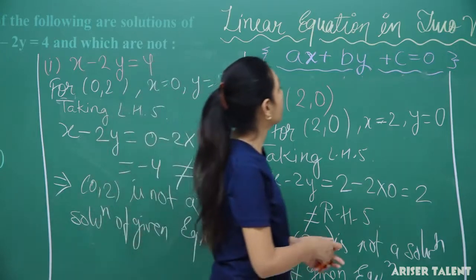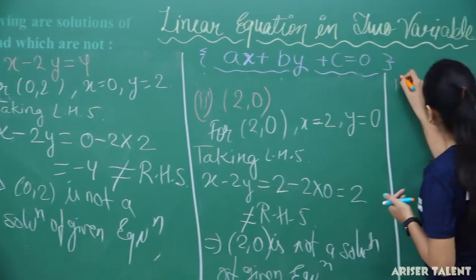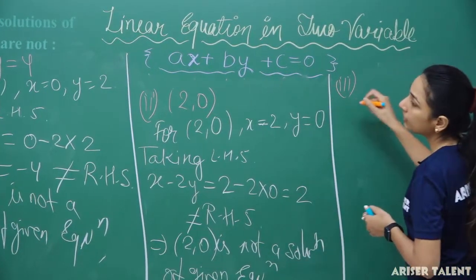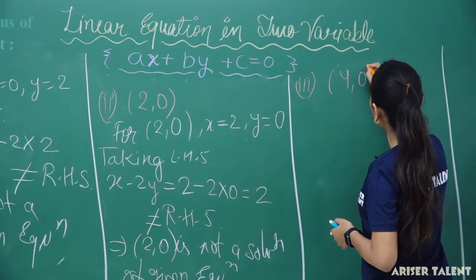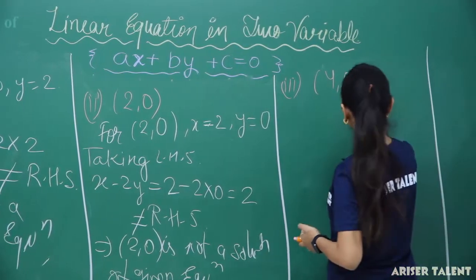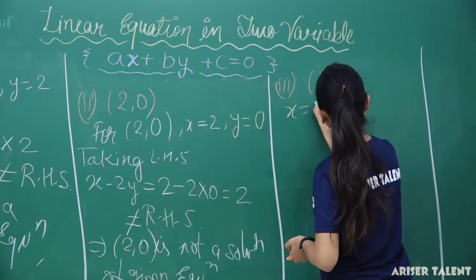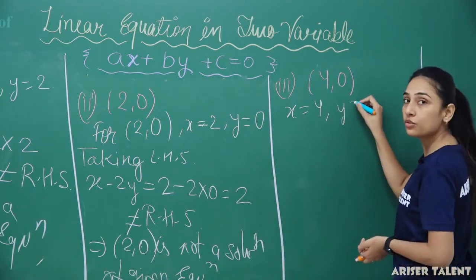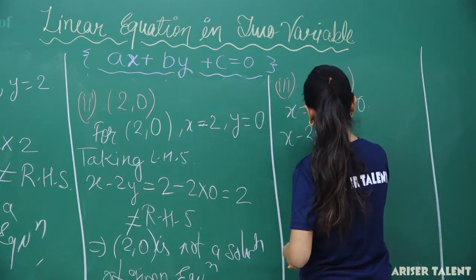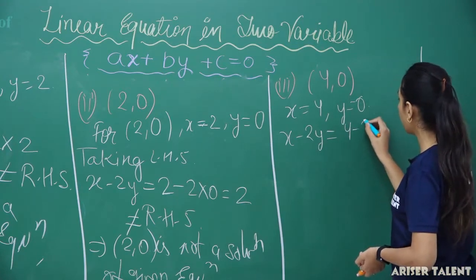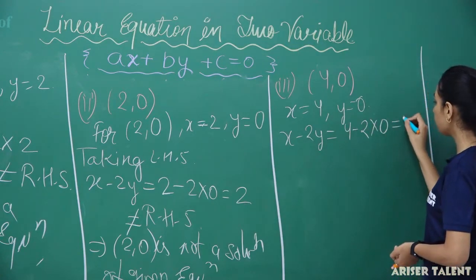Okay. Now, number third. What is given in the third one? 4, 0. For this, x equals 4 and y equals 0. Now, x minus 2y will be equal to 4 minus 2 multiplied by 0 equals 4.